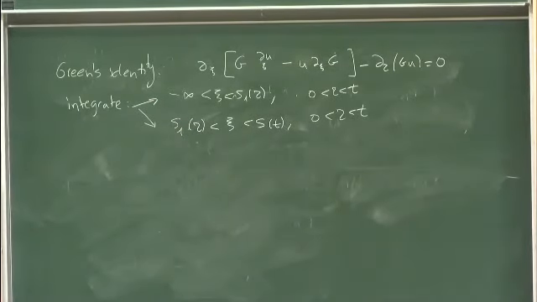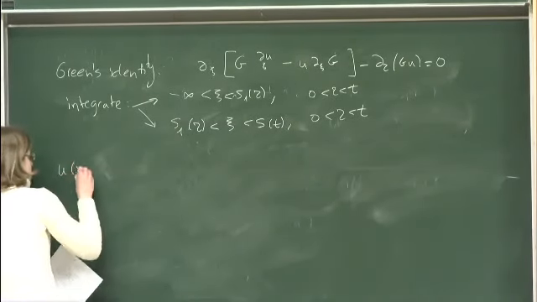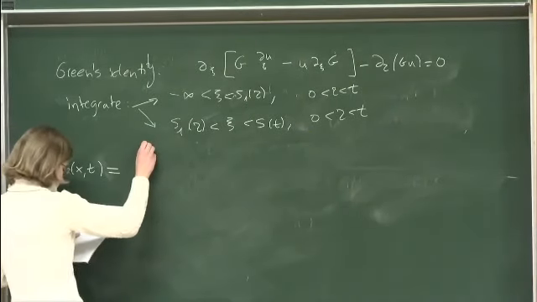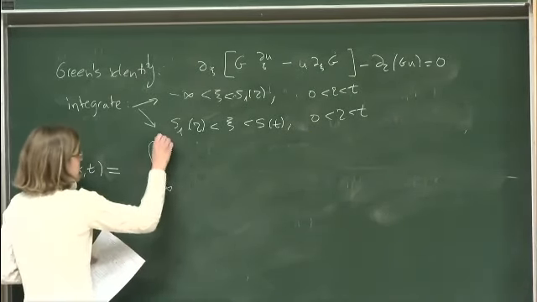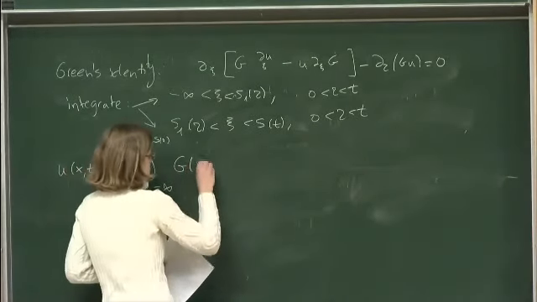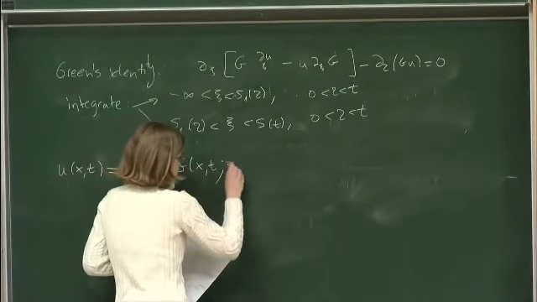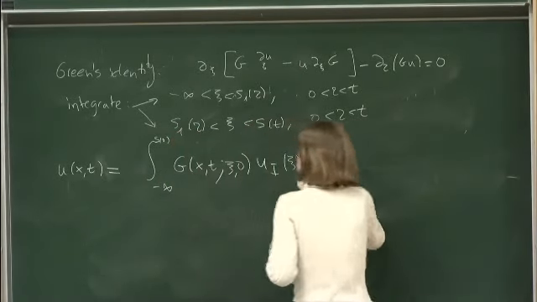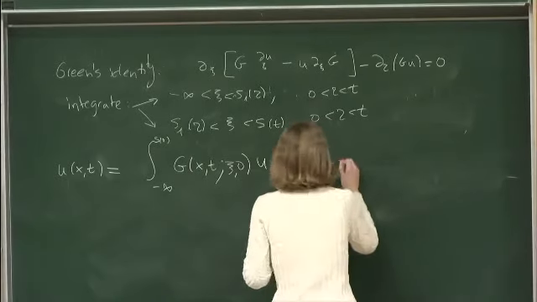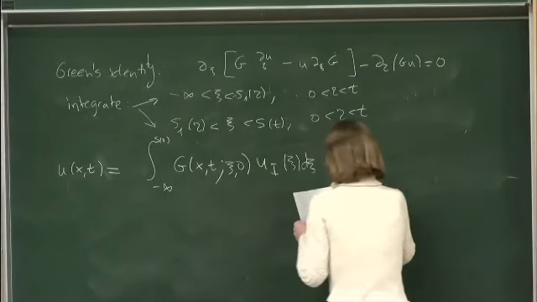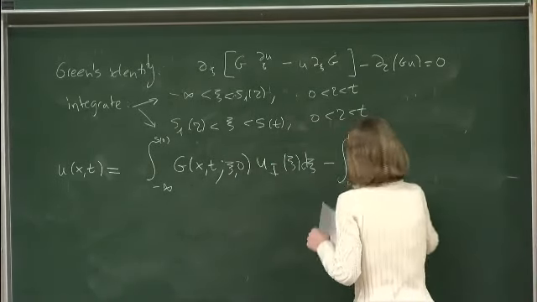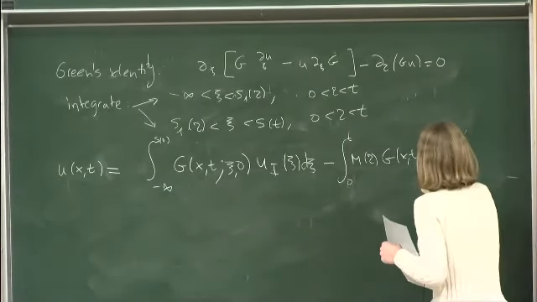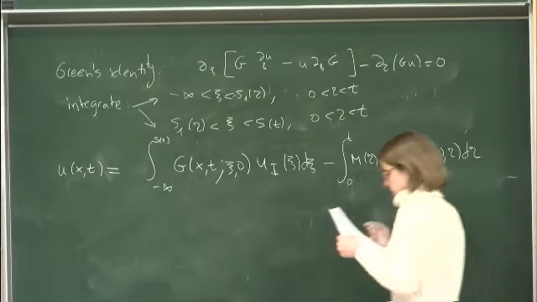If you add both equations, your solution of the problem can be written as the integral from minus infinity up to s of 0 of g(x, t, c, 0) times the initial data u_i(c) dc, minus the integral between 0 and t of m(tau) g(x, t, s(tau), tau) d tau.